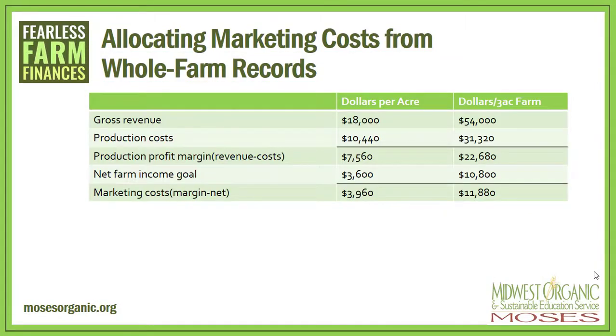So allocating marketing costs from whole farm records. So let's say you didn't have all those nice, neat numbers previously, or you have them, but you just kind of want to do the down and dirty.